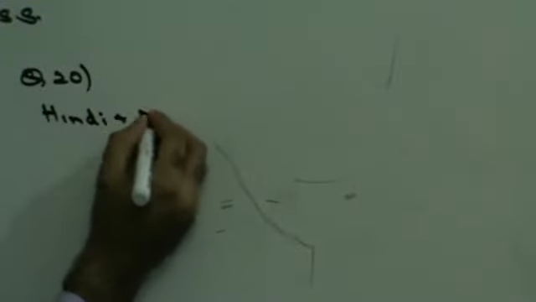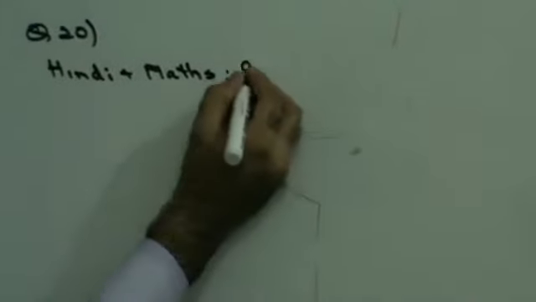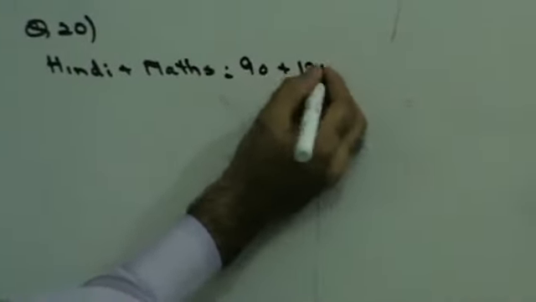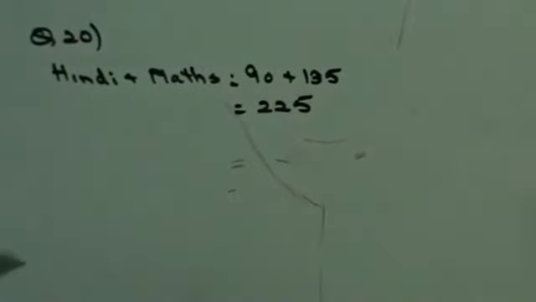Then let's see question number 20. The marks scored in Hindi and maths differ from the marks scored in English, science and social science by how much? Hindi is 90, maths is 135, so that is going to be 225.